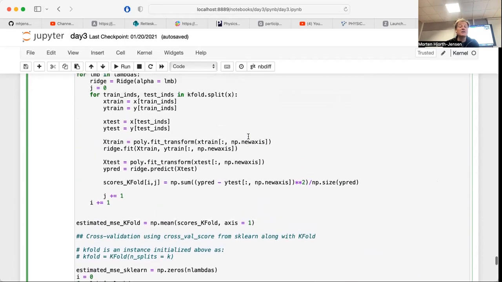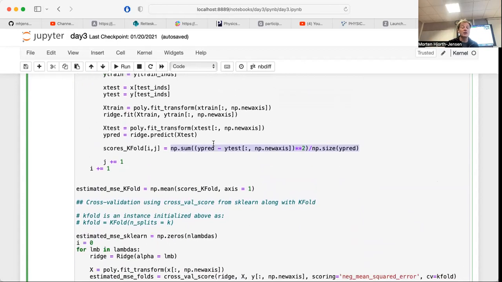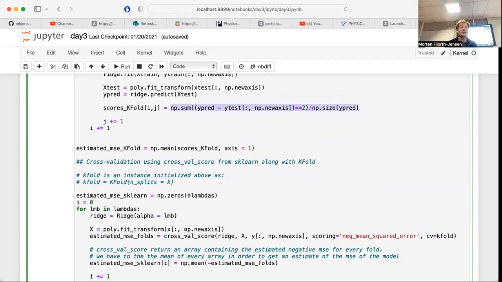It does exactly the same thing you see here, where I have my own function for the mean squared error and then do the splitting in train and test according to the different folds in my own code. But scikit-learn does exactly the same thing in just one line. And when you run the codes for the different projects, I normally recommend using this functionality.